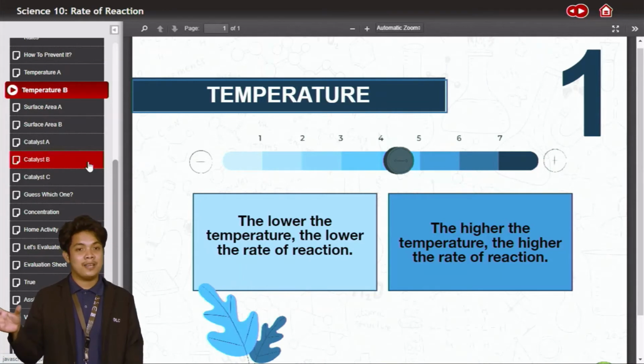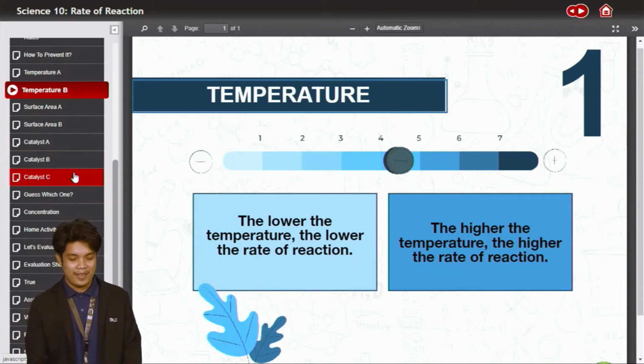If you increase the temperature, like in cooking, more molecules will move fast, with more energy, and thus more fruitful collisions, and the faster the rate of reaction.